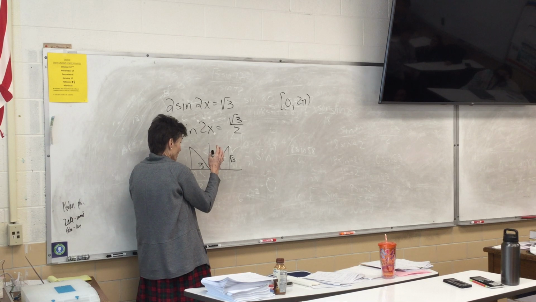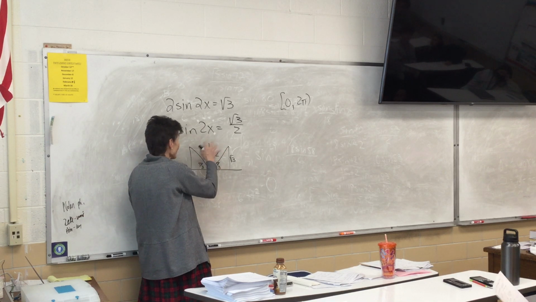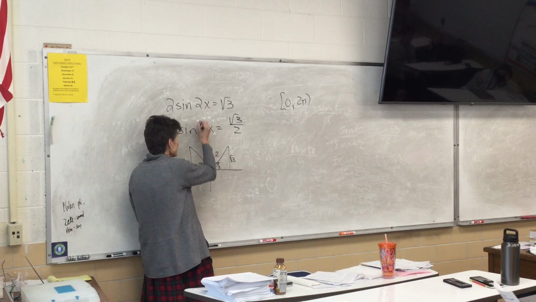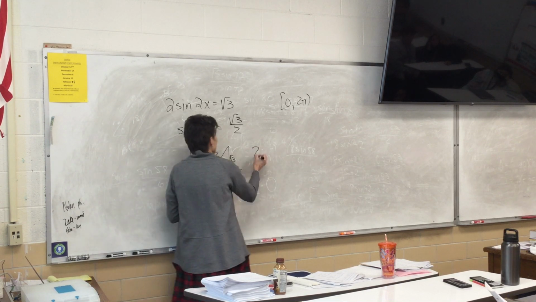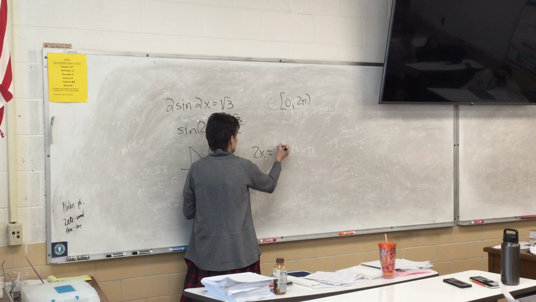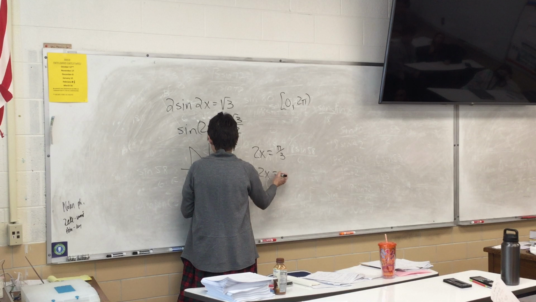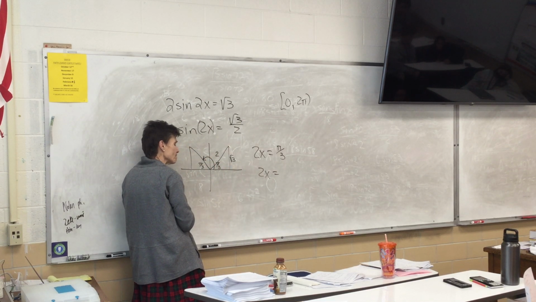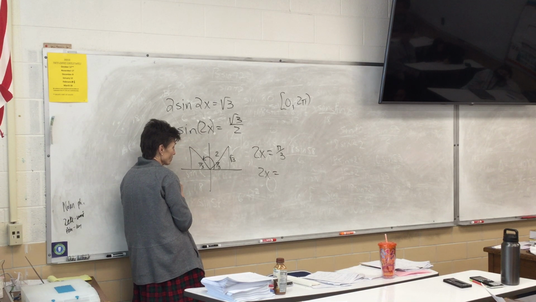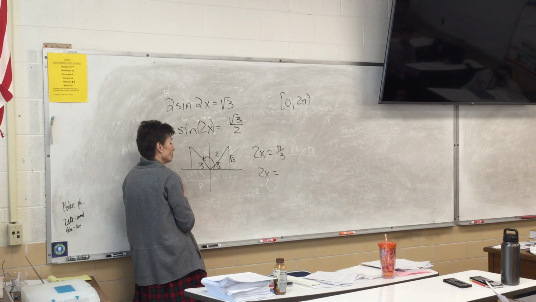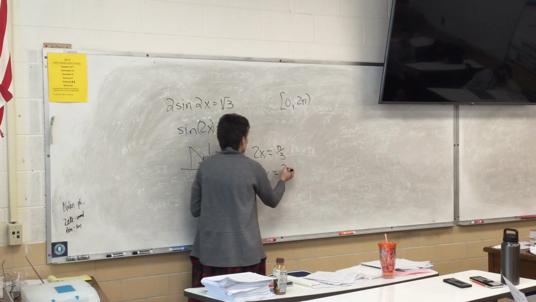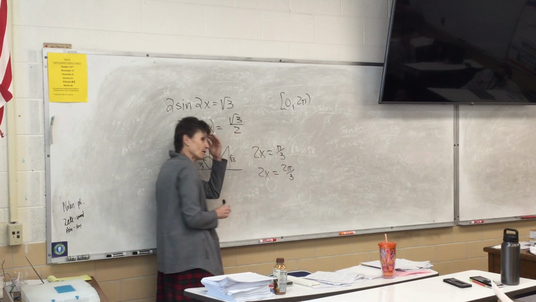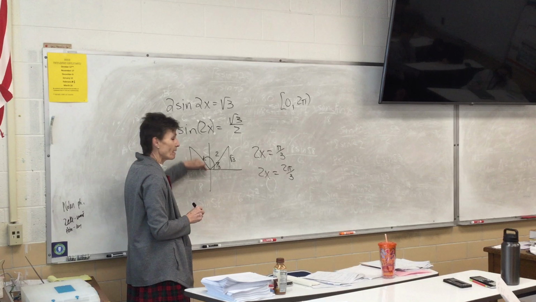So right now, whatever that angle is, and it happens to be called 2x, that angle is either pi over 3 or this angle, which would be 2 pi over 3. It's pi minus a third. This one is pi minus a third.